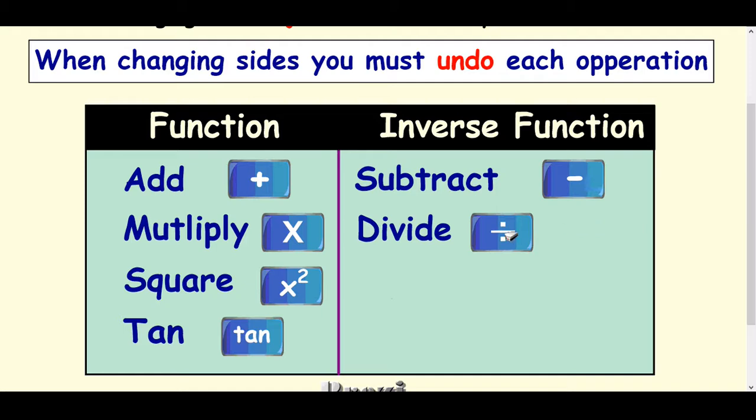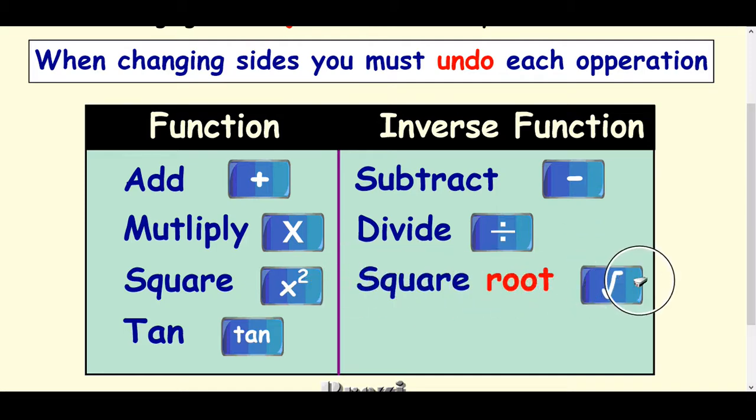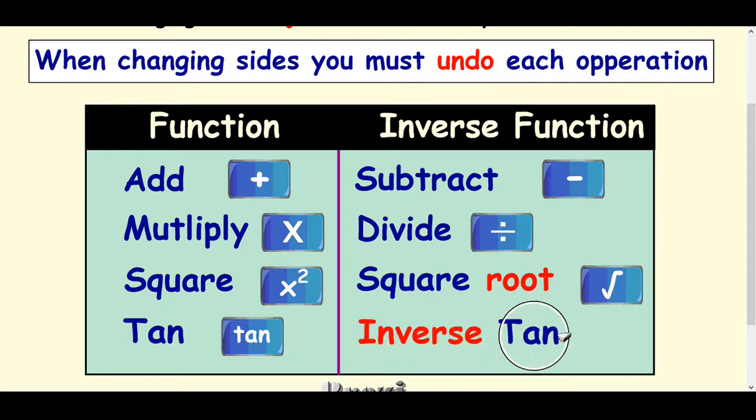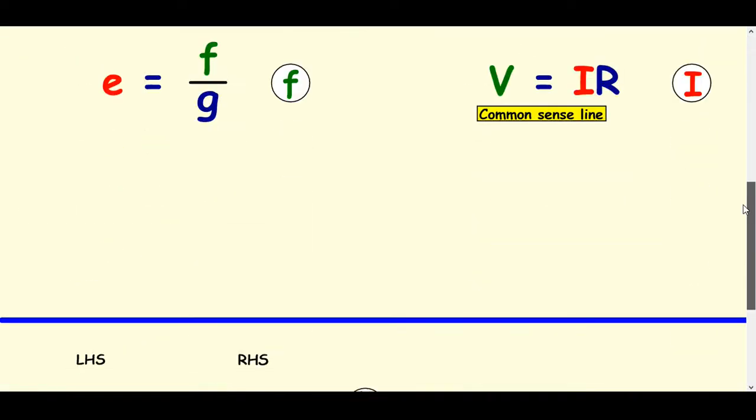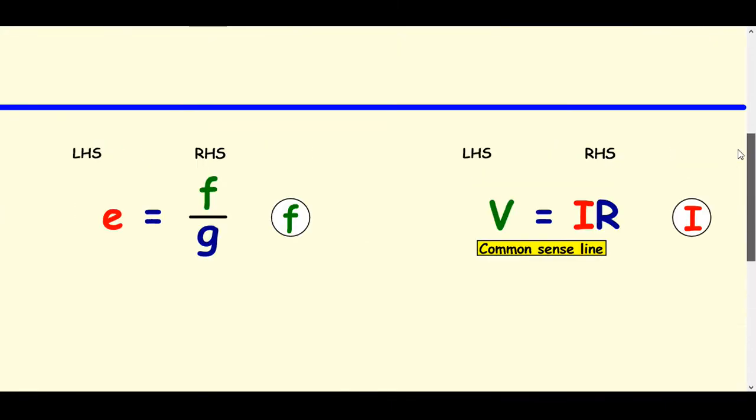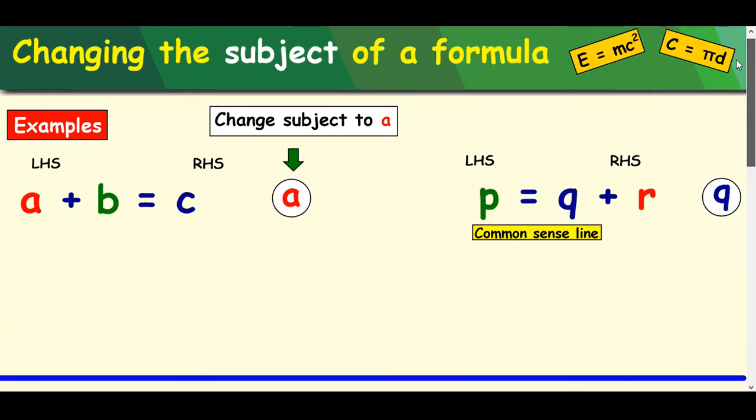It's a divide. If there's a squaring function, then you square root. And if there's a tan function, which will not be here, that would be inverse tan. But that's the idea behind this, undoing things and undoing operations. So we'll look at just briefly 4 examples, maybe 5 examples actually, and how this would work.